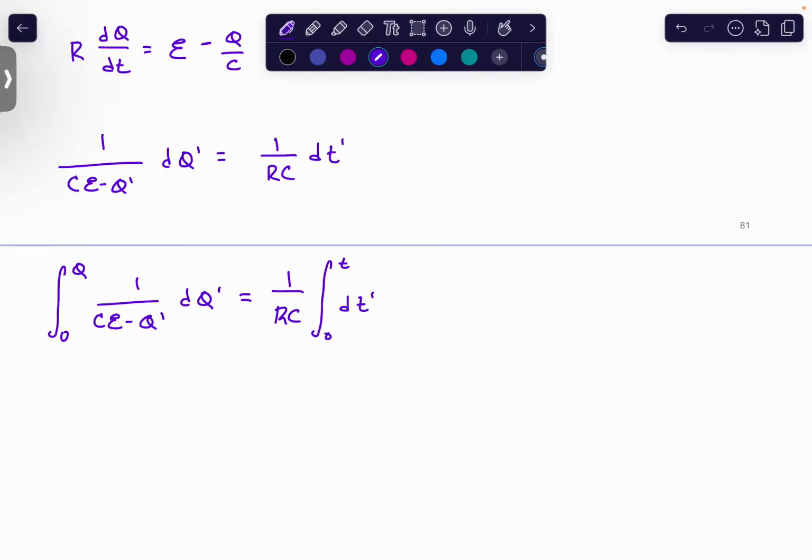Now, just looking at this, what's your gut feeling that the solution might be? We've done a number of these.